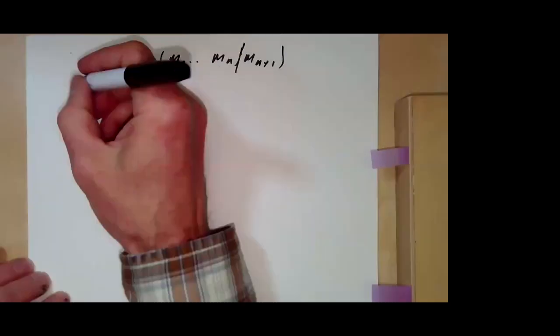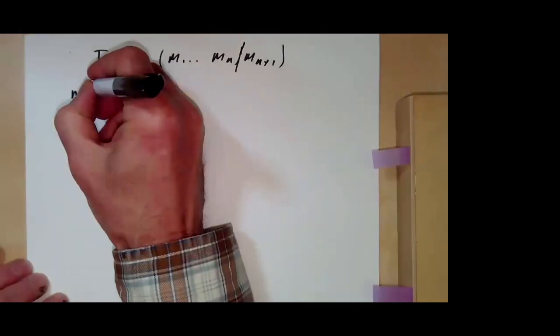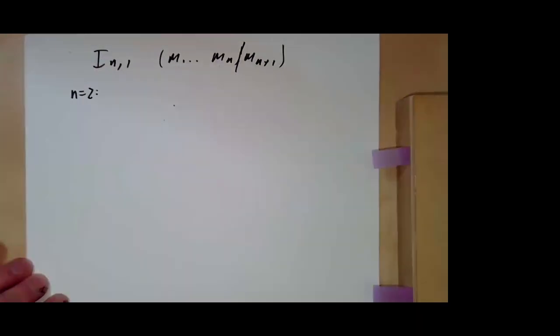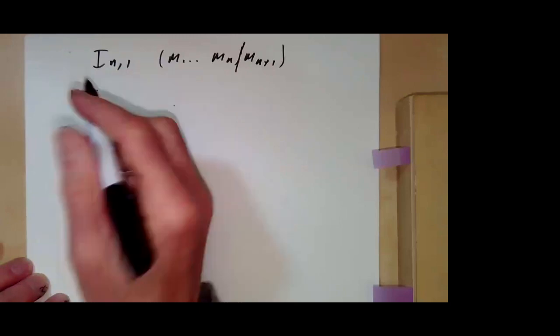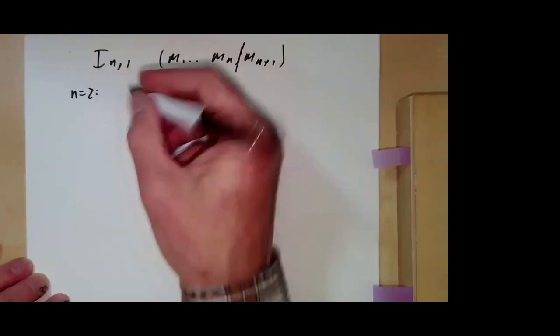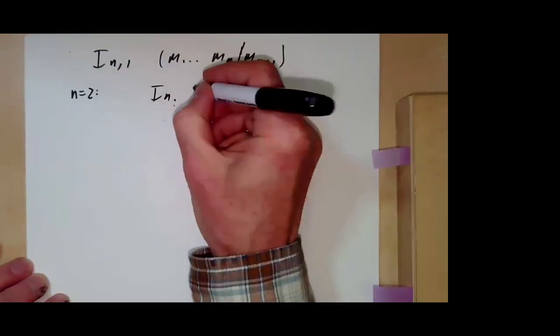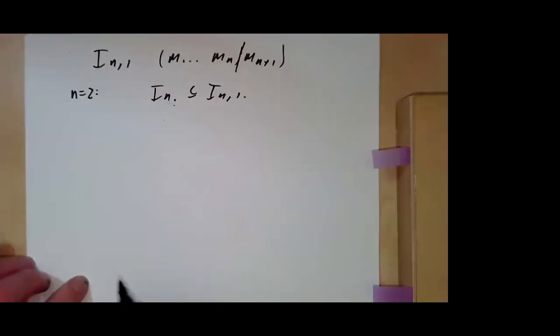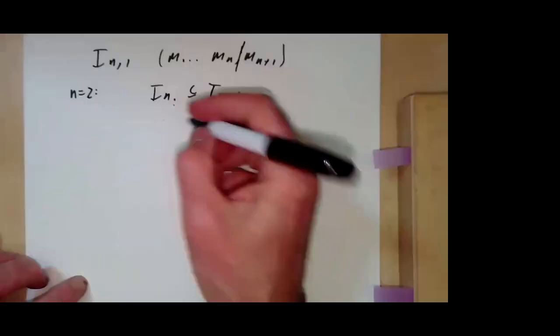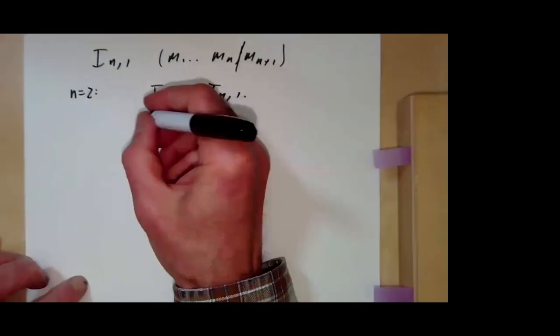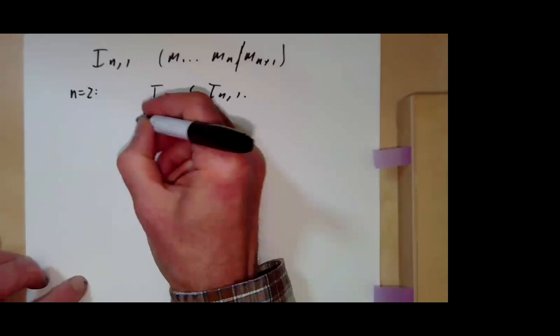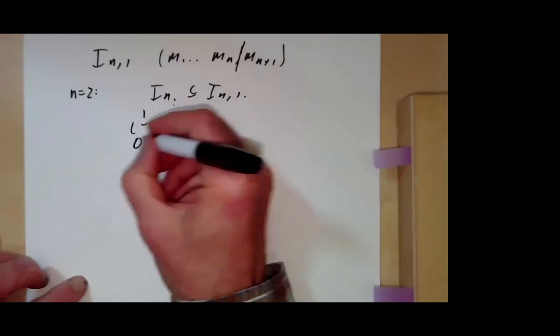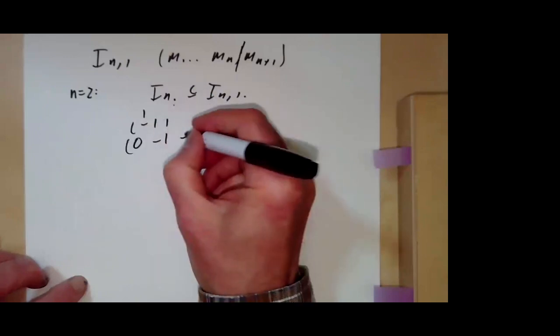So n equals 2. What we do is we first of all start off with I n contained in I n,1, and we can start by taking all the simple roots of I n. So we get these vectors 1, minus 1, 1, 0, minus 1, 1, and so on.